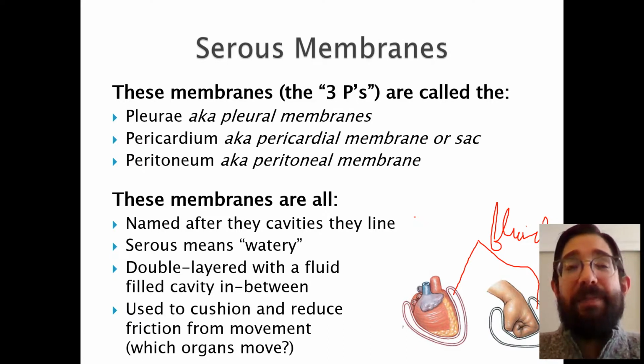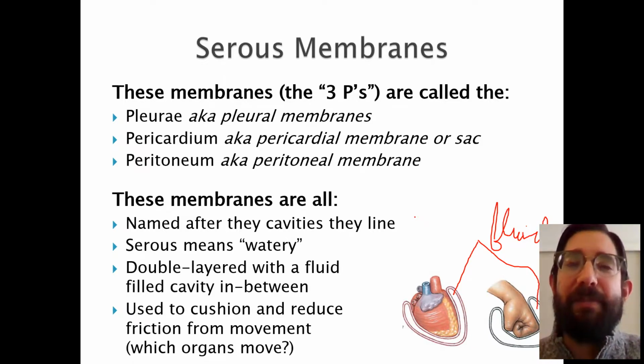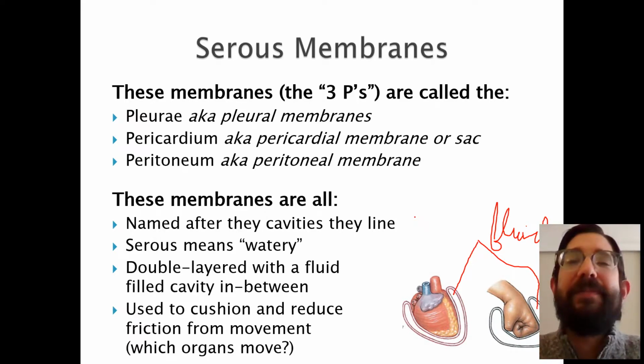The lungs expand and contract and move. And much of your digestive organs, like especially your stomach and intestines, move. So these membranes are primarily found wrapping up around those organs to reduce friction so that every time your stomach churns a little more, it's not going to rub a hole in it. That would be bad.